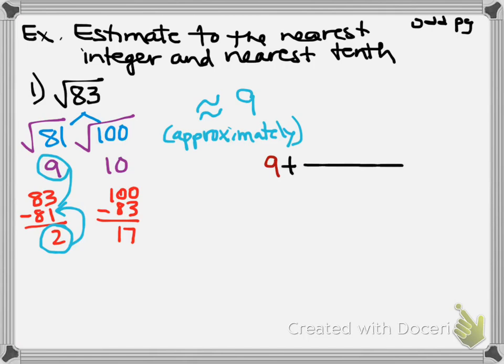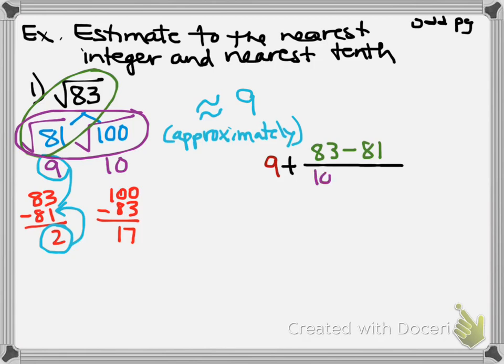In the numerator, I'm going to do the same subtraction problem I did between the radicand and the smaller perfect square. And then in the denominator, I'm going to do the difference in the two perfect squares. And we're going to get 9 and 2/19ths.